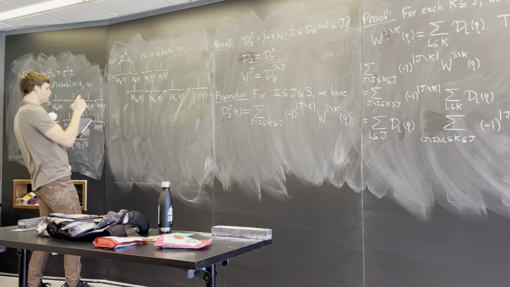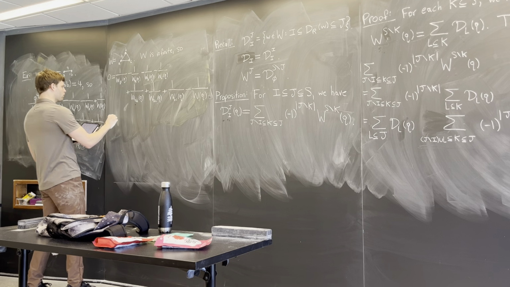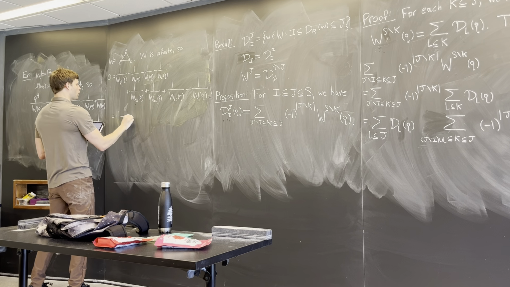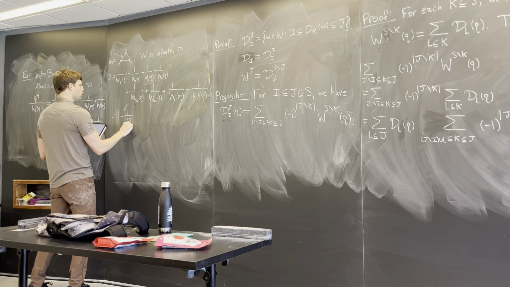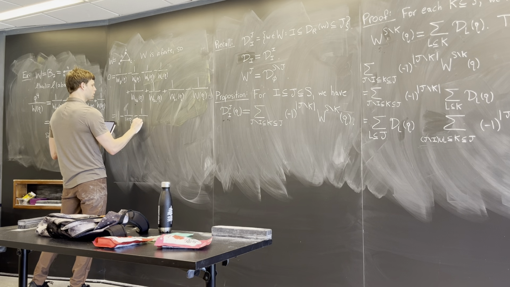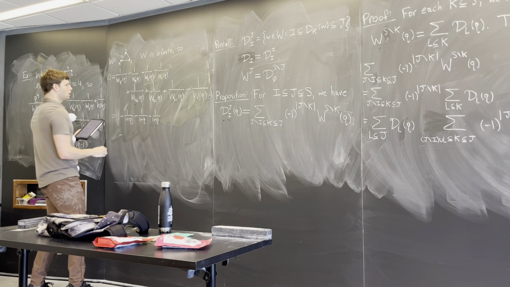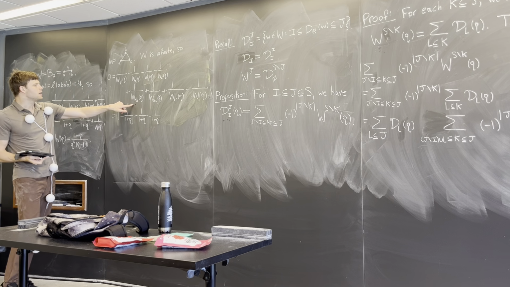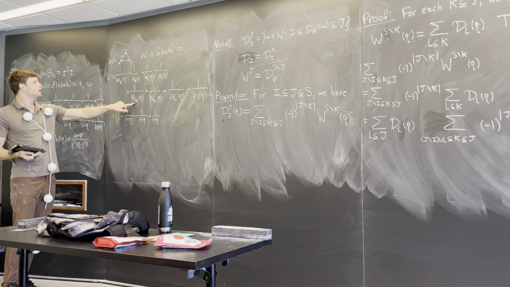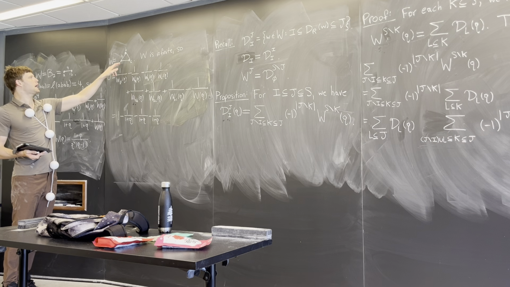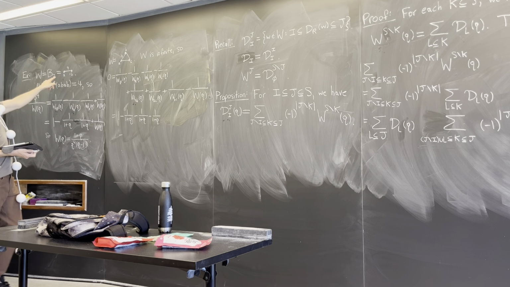Okay, so 1 over W sub empty set of Q as before is just 1. And as before, each one of these is just 1 over 1 plus Q. So minus 1 over 1 plus Q, minus 1 over 1 plus Q. Okay, so what is W sub AB of Q? If I look at the parabolic subgroup generated by A and B, that's a copy of B2.